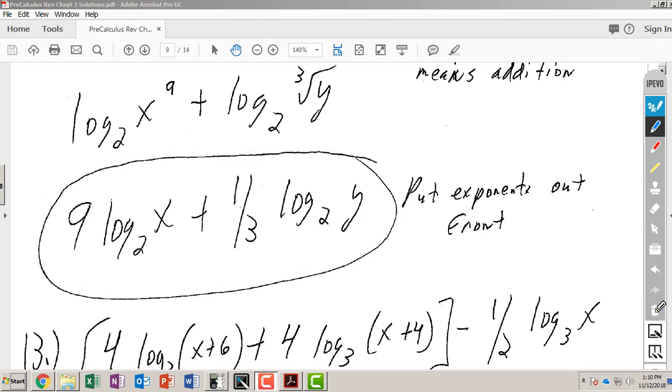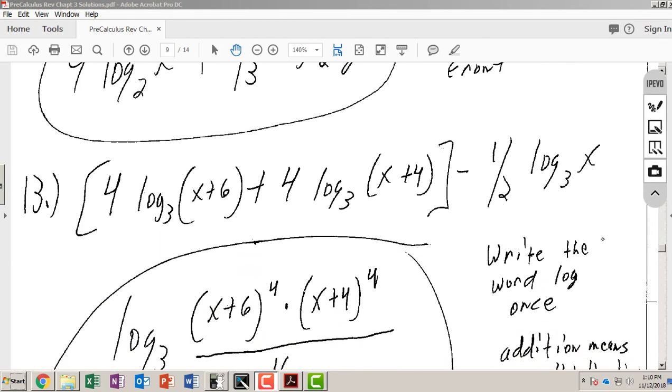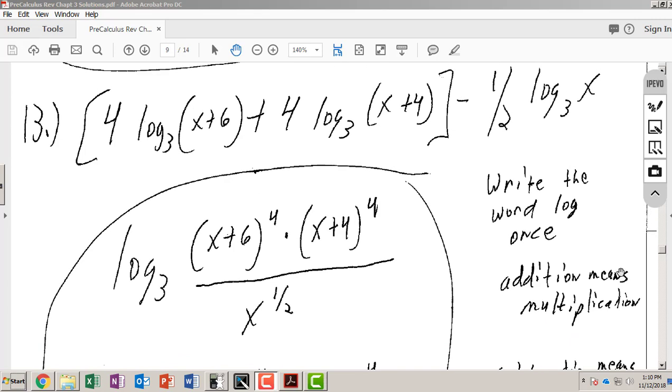Now this next problem, number 13, wants me to condense this logarithm expression. I notice I've got 4 log base 3 of x plus 6, plus 4 log base 3 of x plus 4, minus 1/2 log base 3 of x.